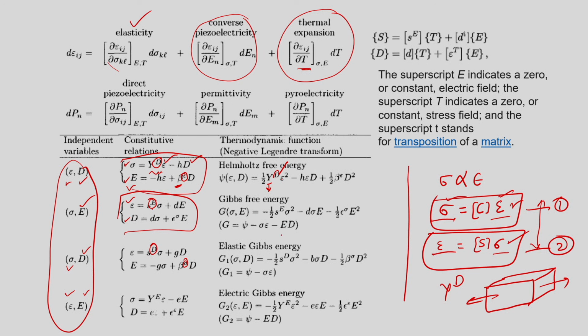If you come up here, that is a constant electrical field, when a sample is subjected to a constant electrical field, and then you apply extension or something, the Young's modulus will be slightly different.